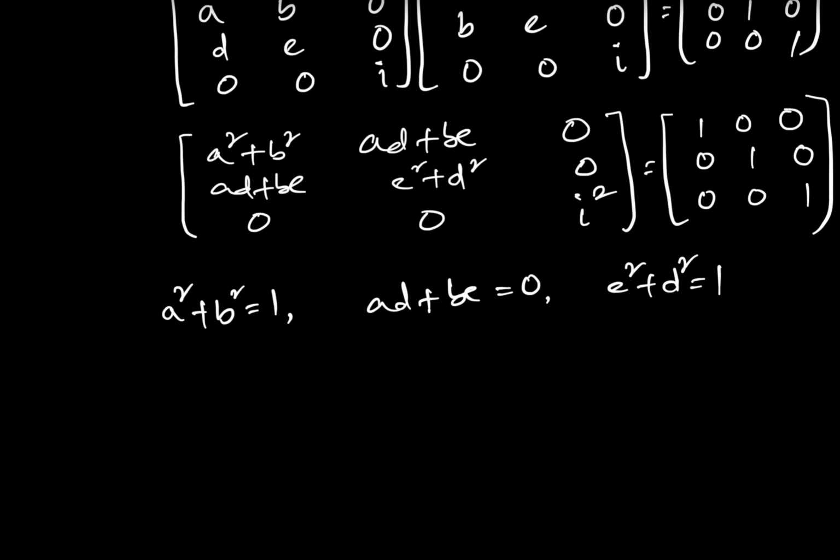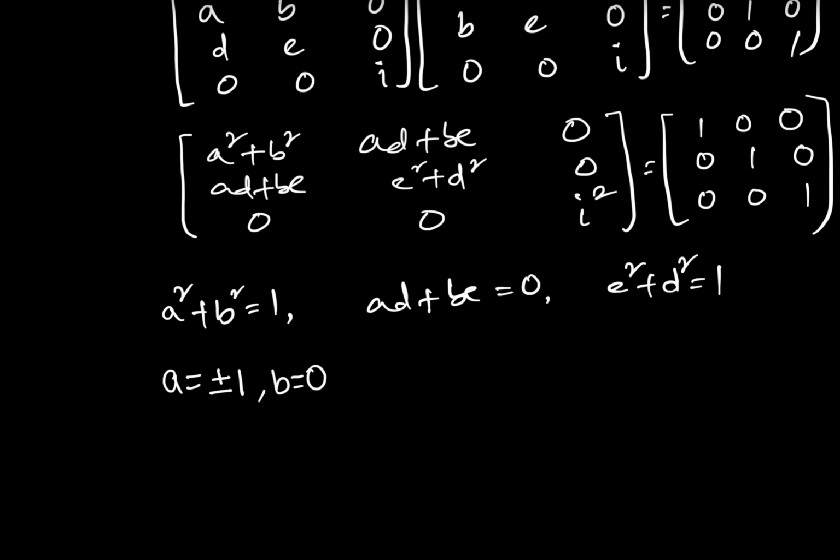Now from this, A square plus B square equal to 1, AD plus BE equal to 0, E square plus D square equal to 1, right? Keep in mind that A, B, C, D, whatever the values, all are integers. Then if A square plus B square equal to 1, there will be cases that A equal to either plus or minus 1, so that B equal to 0.